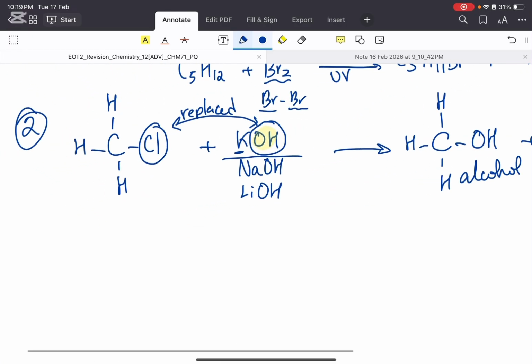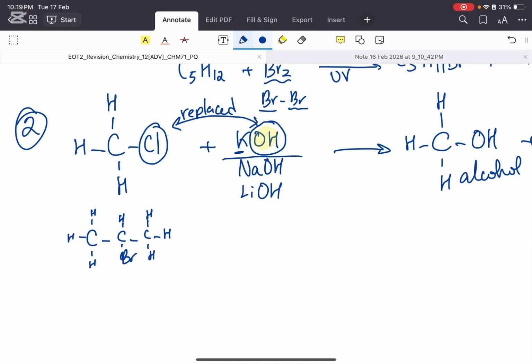Let's take another example. Let's say you have Br, H, H, hydrogen, hydrogen, and hydrogen. And this was added to sodium hydroxide, something containing hydroxyl group. So the Br and the hydroxyl will be replaced.